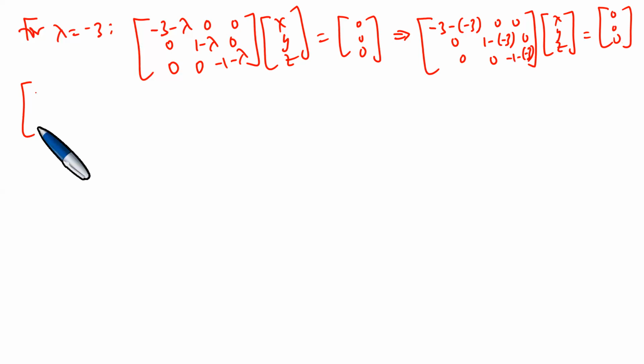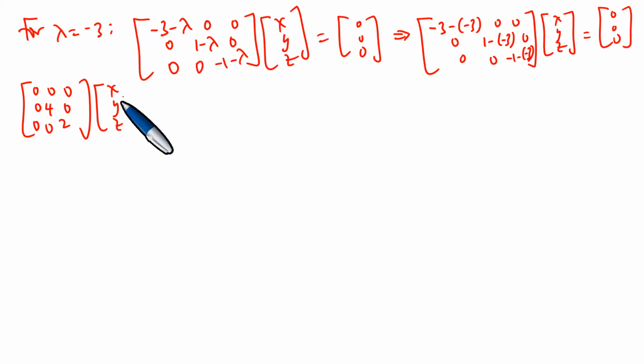So what are we getting then? Okay, this is 0, 0, 0, 0, 4, 0, 0, 0, 2, times x, y, z, equals 0, 0, 0. Right, so now what do we then get at this point?